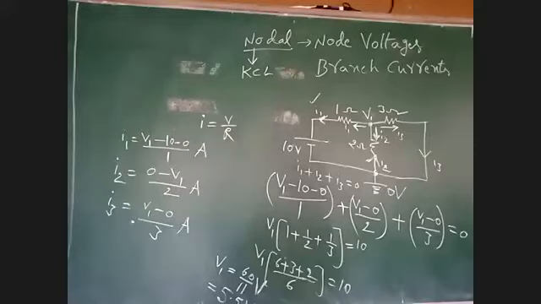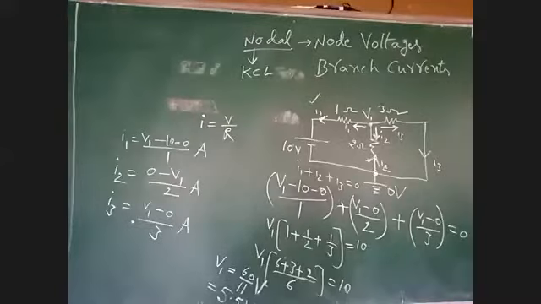Sir, how do we get the actual direction of the current? They have already given it in the problem. Initially I had not mentioned it there; afterwards I have kept I1, I2, I3. Actually I had to give it, but I had not given it.